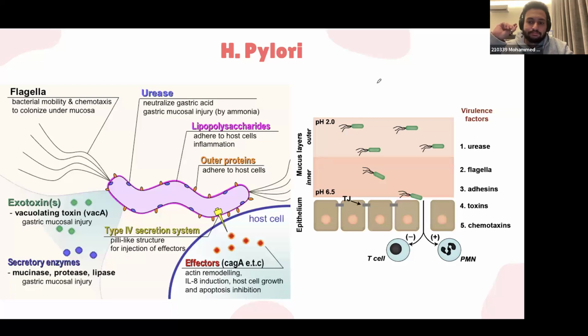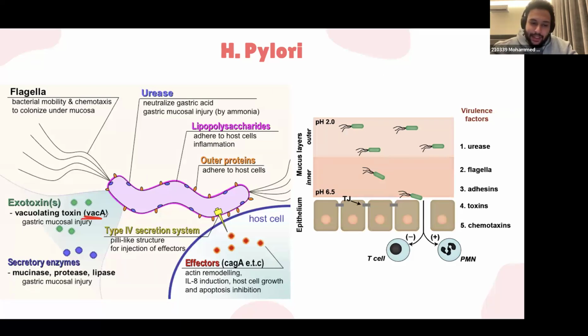Do you guys know? The virulence factor, other than protease, is one more important toxin it produces. That's the one I'm looking for. Good. VacA.